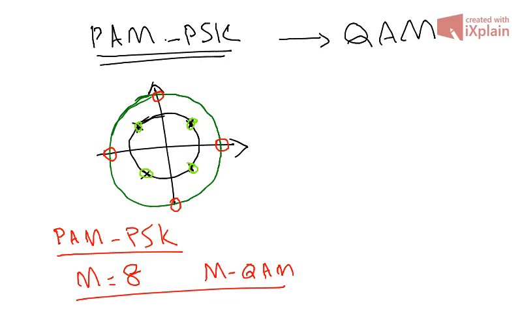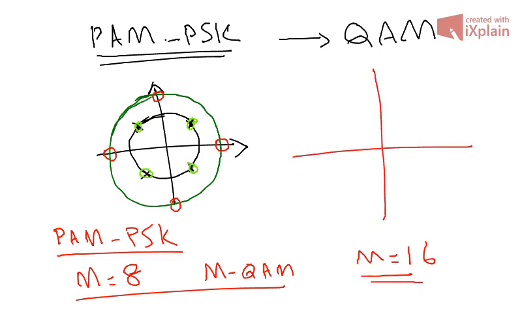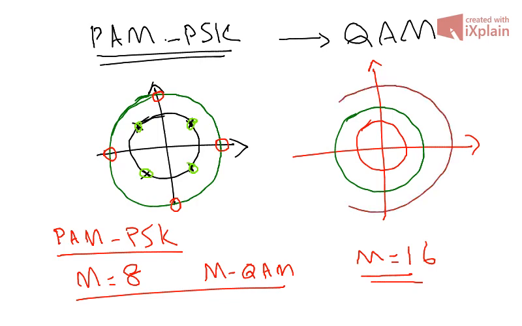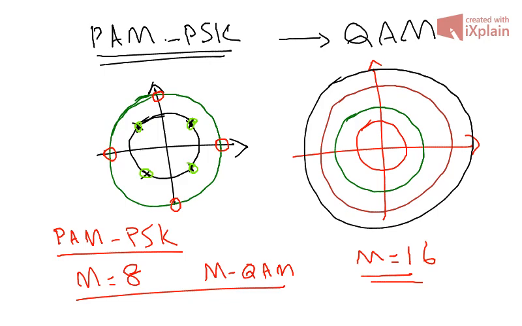Similarly, you can have a more complex constellation for M16. For example, if you have M16, 16 unique symbols, then in the constellation you have more circles. You can draw an inner circle here with 4 points on this circle. Then you have 4 points on another circle, and 4 points on another circle, and you can have another circle here and draw these points as well.